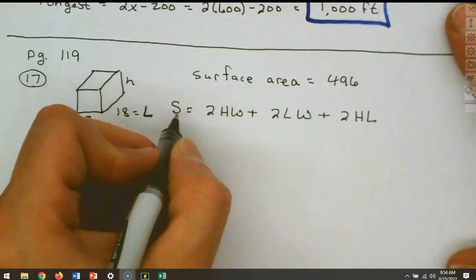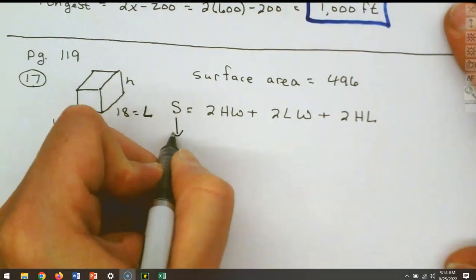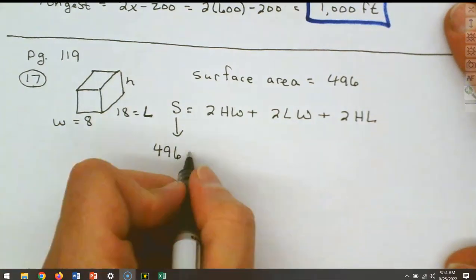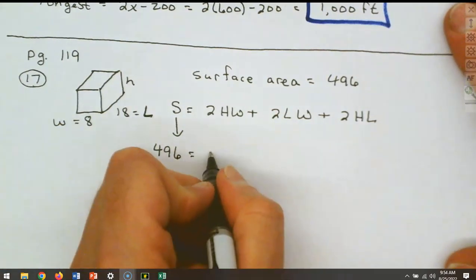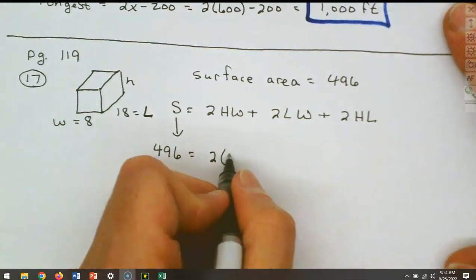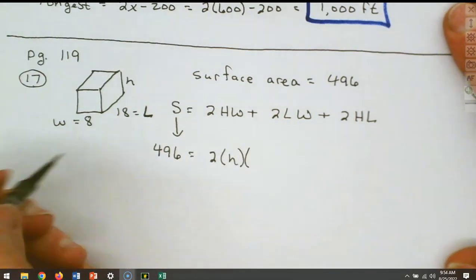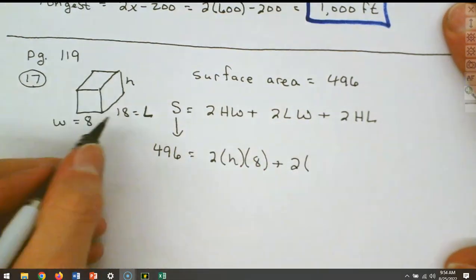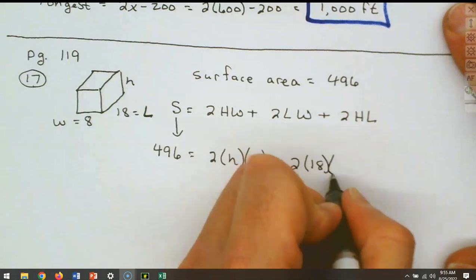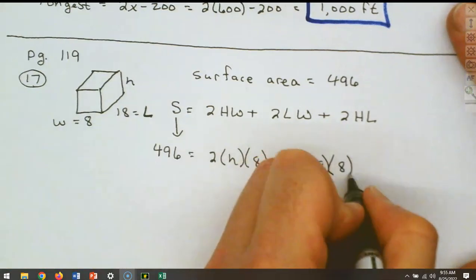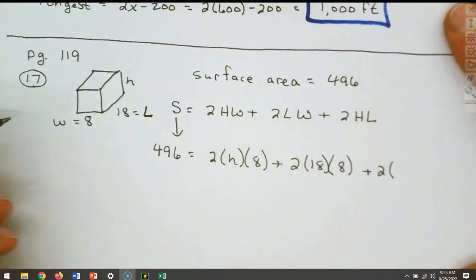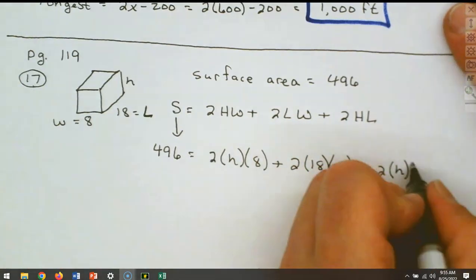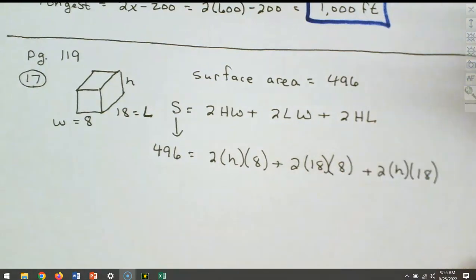Now we know our surface area is S. So that's going to be represented by the 496. And then we've got 2 times H, which is the H there, times W, which is 8, plus 2 times L, which is 18, times W, which is 8, plus 2 times H, which is unknown again, times L, which is 18.